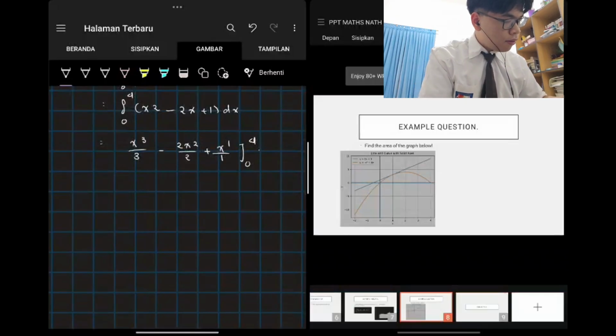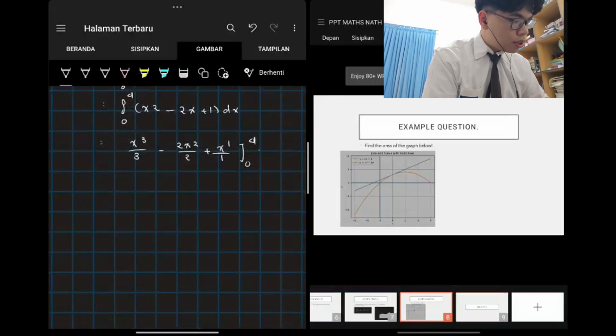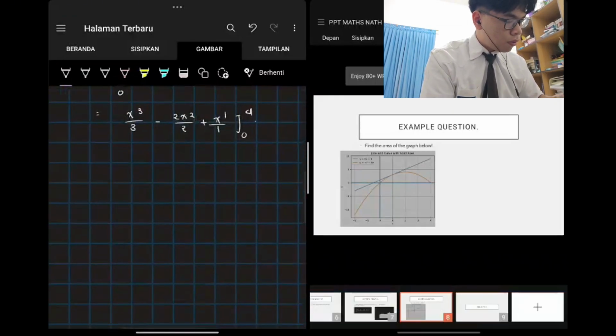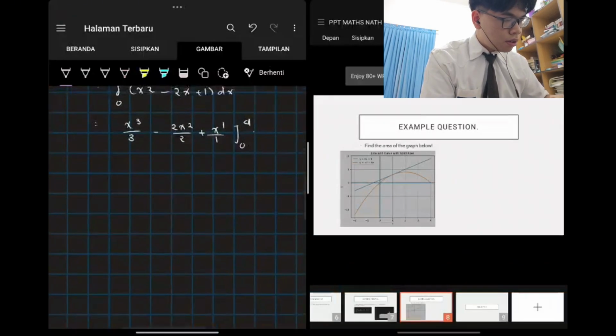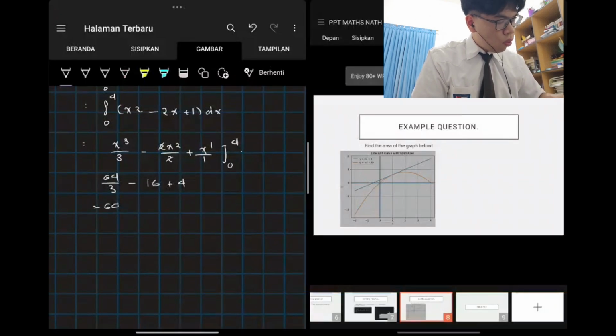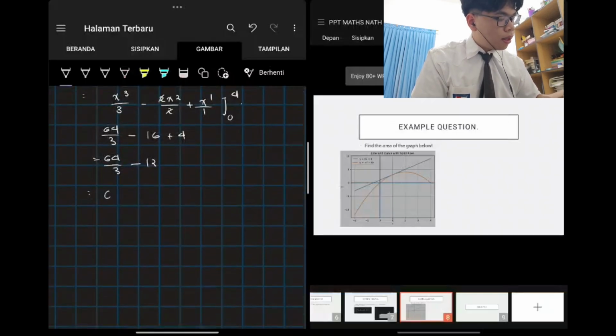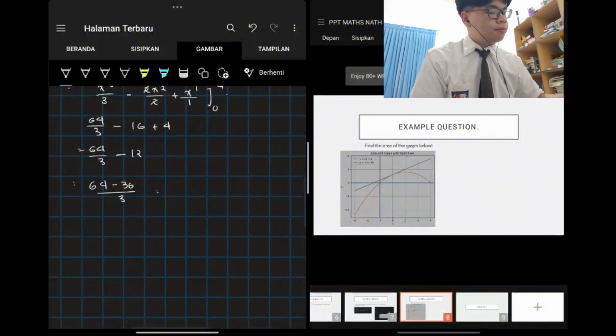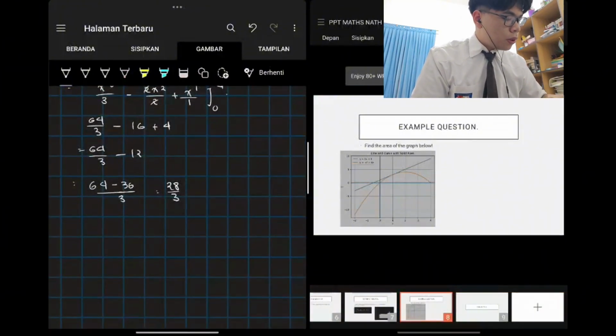Well, obviously, for x equals 0, this whole formula becomes 0, so we need to only evaluate at 4. 4 to the power of 3 is 64 per 3, minus 2, the 2 cancels, 16, plus 4, equals 64 per 3 minus 12, equals 64 minus 36 per 3, 28 per 3.